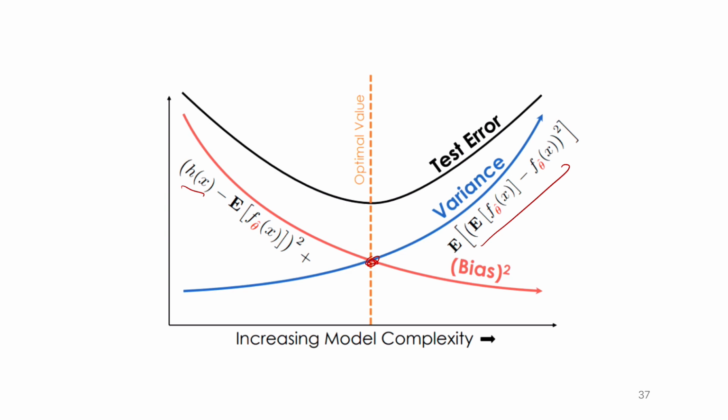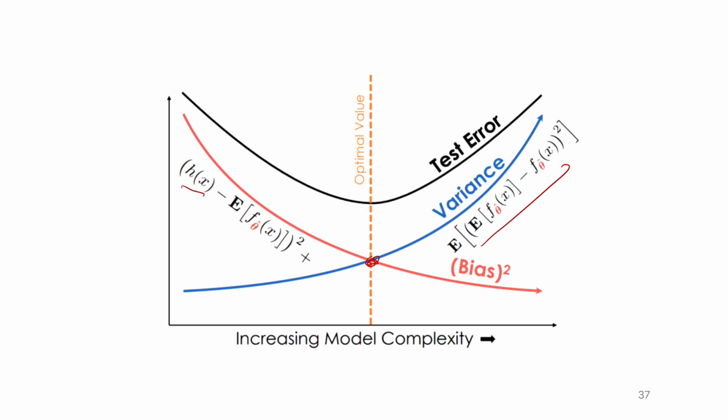Let's say I have some test point X, and I give you some training data set, and then another training data set, which is the same as the first one, except I take out a point and replace it with another point. If my model has high variance, the second data set is going to result in a completely different model than the first one, which as a result will give me a different estimate for some value x. If that makes sense.